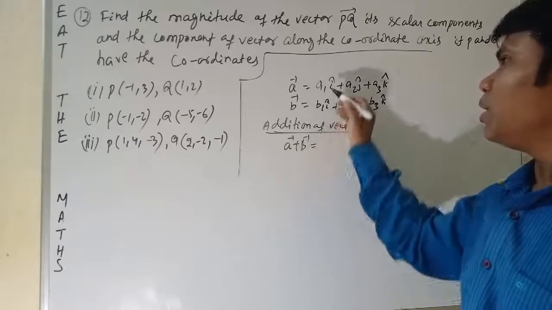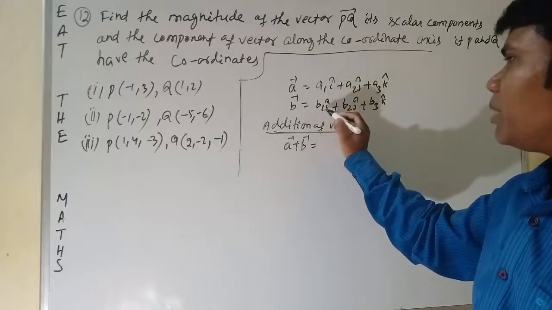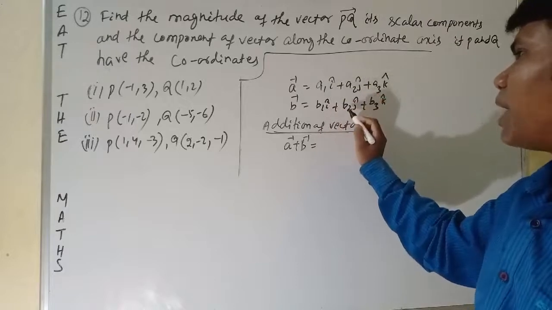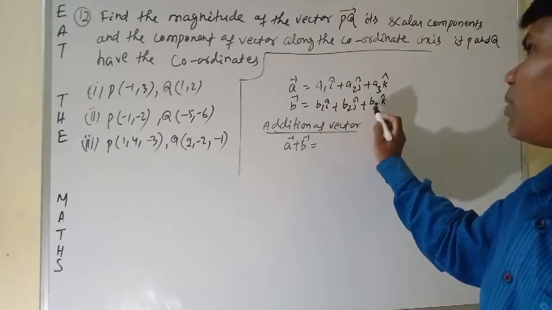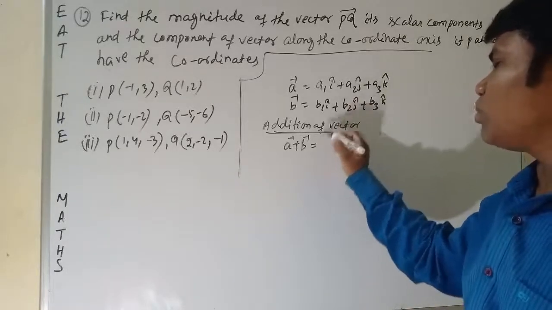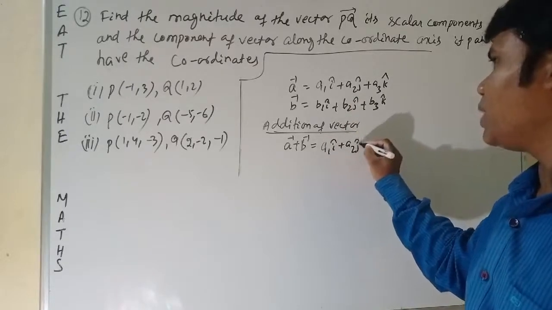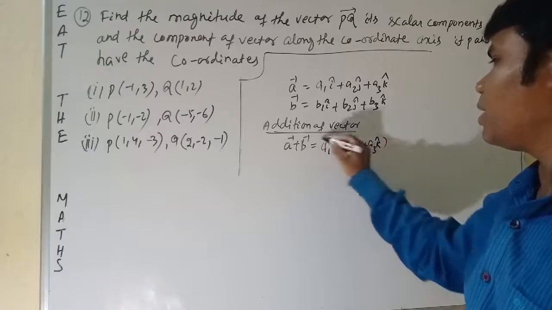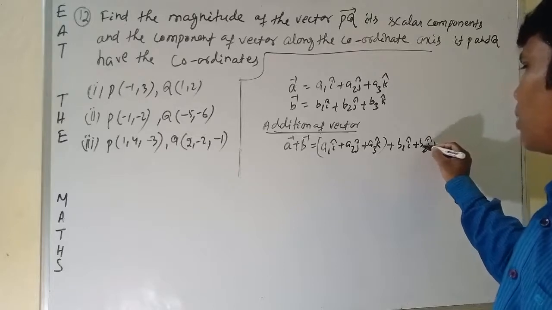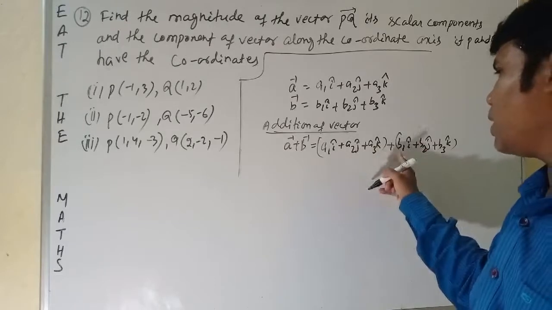Okay, you see, a1 i cap will be added with b1 i cap, a2 j cap added with b2 j cap, a3 k cap added with b3 k cap. That means component wise, these two vectors will be added. We can write a1 i cap, a2 j cap, a3 k cap plus b1 i cap, b2 j cap, b3 k cap. Okay, a1 will be added with b1.